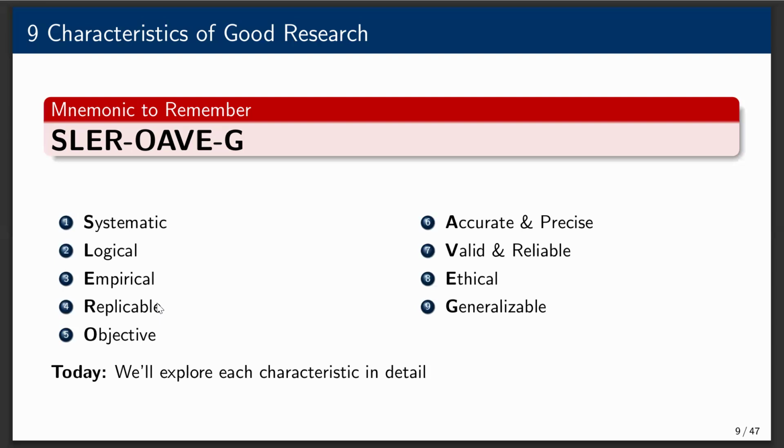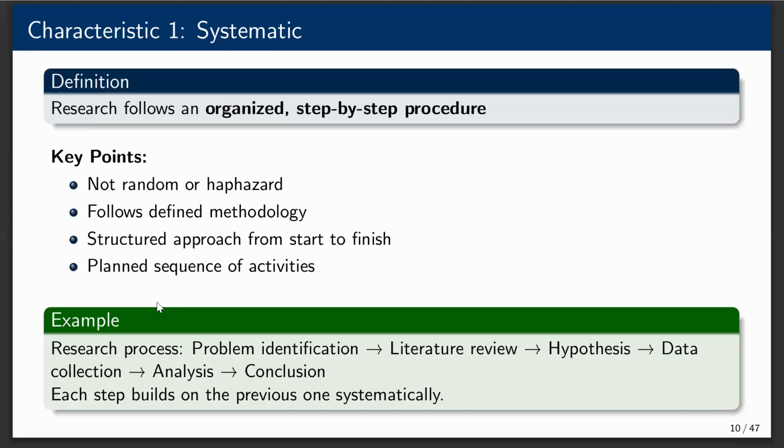Then accurate and precise, then valid and reliable, ethical and generalizable. Okay, so today we will explore each characteristic in detail so that it will give you a very good foundation. Characteristic 1, it is systematic.